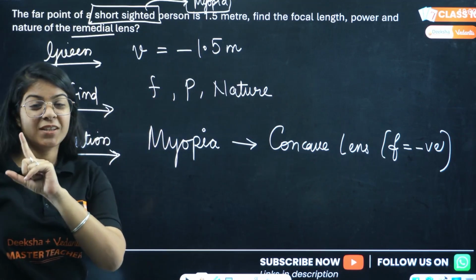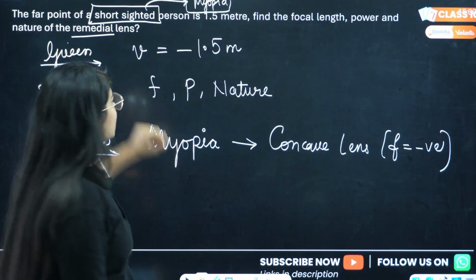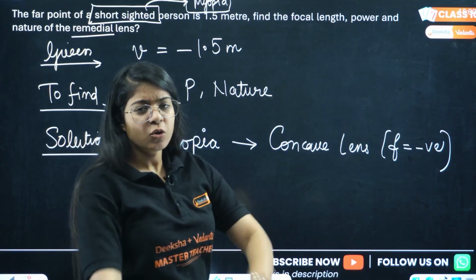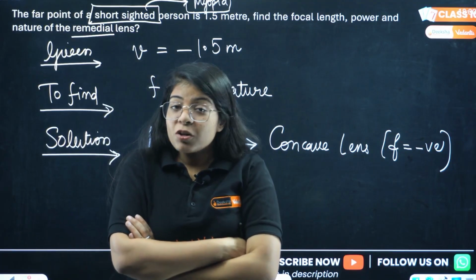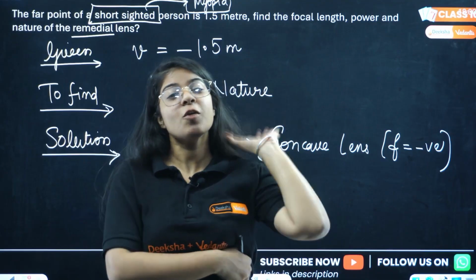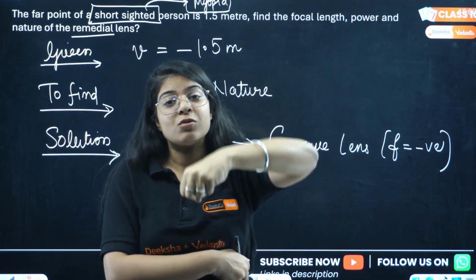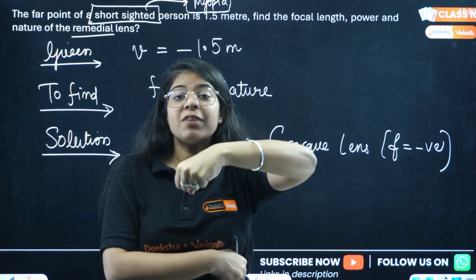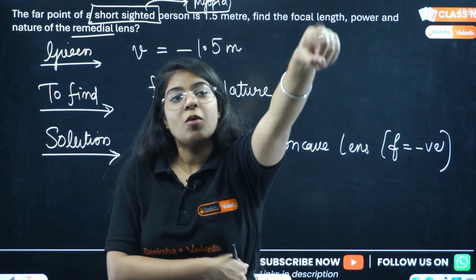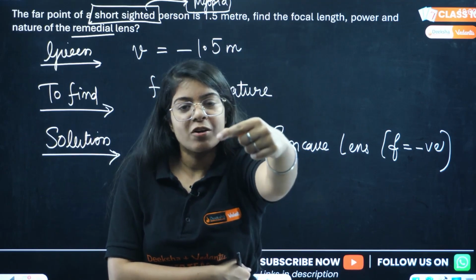Now, one very important thing is the point where all of you might get stuck. The far point of a short-sighted person is now 1.5 meters. What is the far point of a normal human being? It is infinity. That means any object that is at infinity, the person will not be able to see. He will only be able to see up to the far point, that is 1.5 meter. That means your corrective lens will make the image of the object that is at infinity once at 1.5 meters.